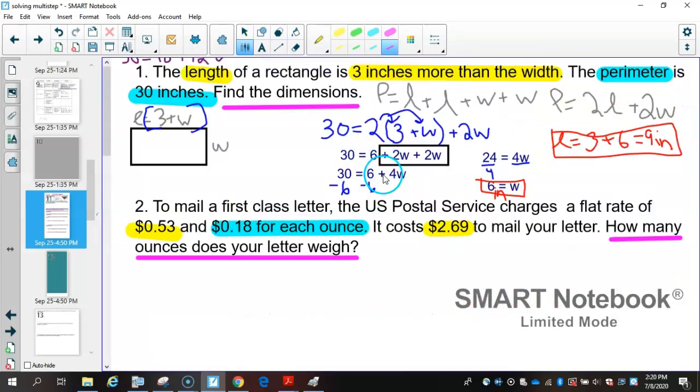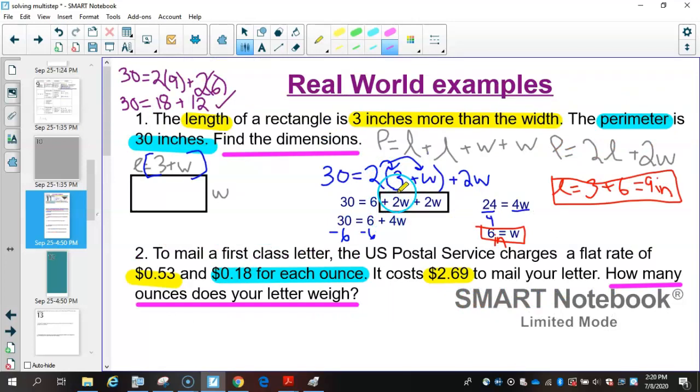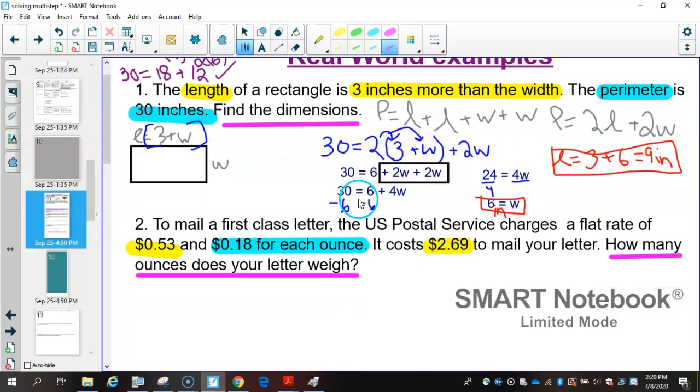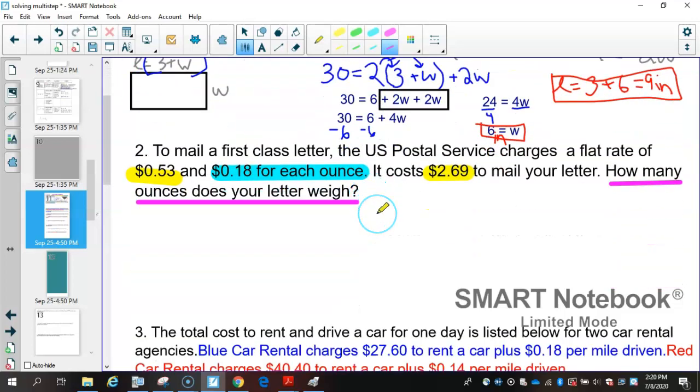Right? So in this first example, we didn't really have to define our variables because they kind of told us length, width, and this is the actual formula to find perimeter. In this case, however, we don't have a set variable.